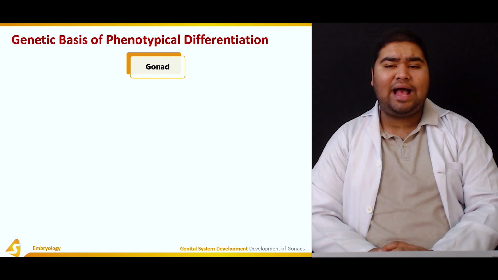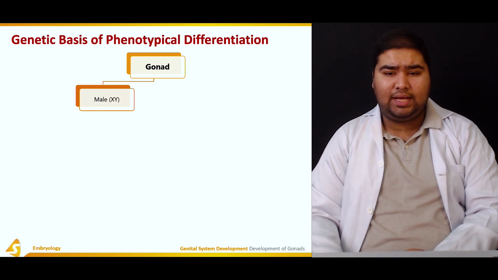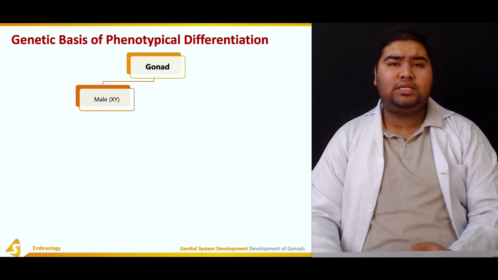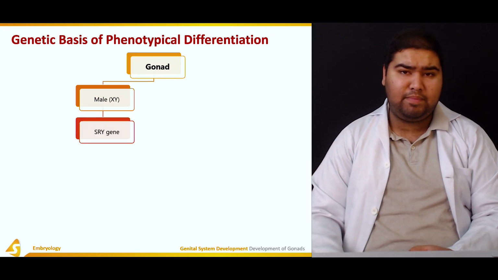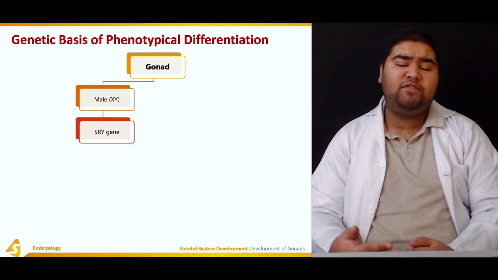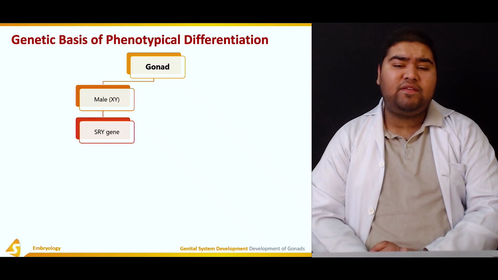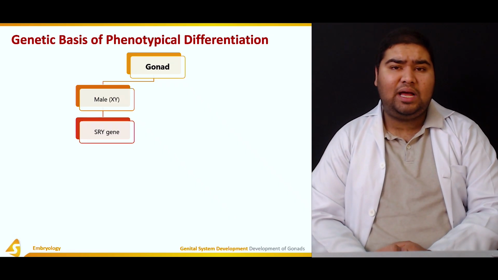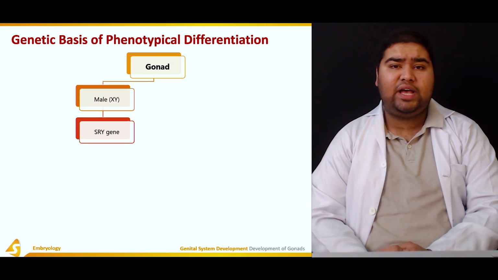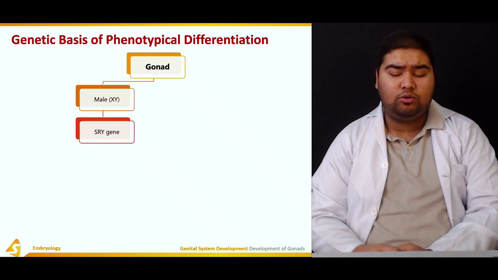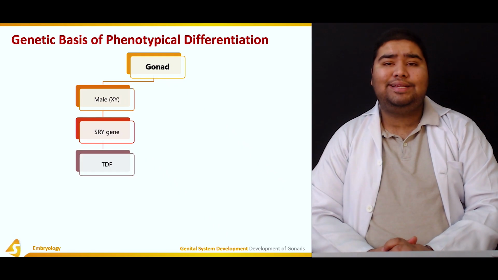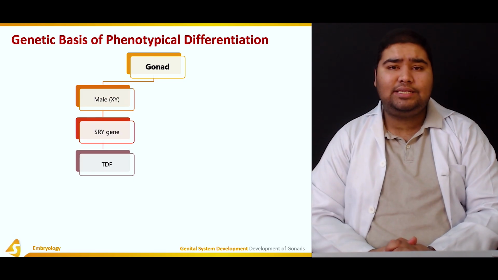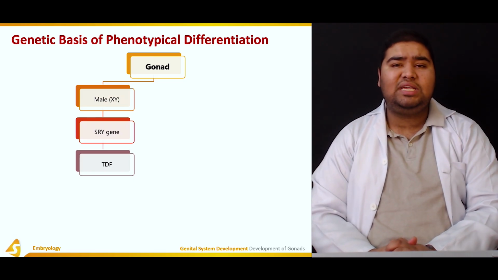So initially we have an undifferentiated gonad. This undifferentiated gonad can take one of the two pathways. It can be a male fetus, and a male fetus is determined by the SRY gene. The SRY gene is located on the short arm of the chromosome Y. This SRY gene secretes testis determining factor, or TDF.